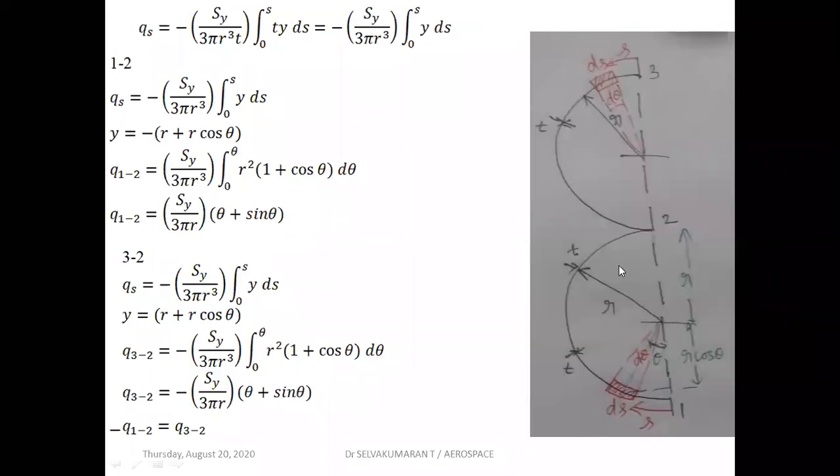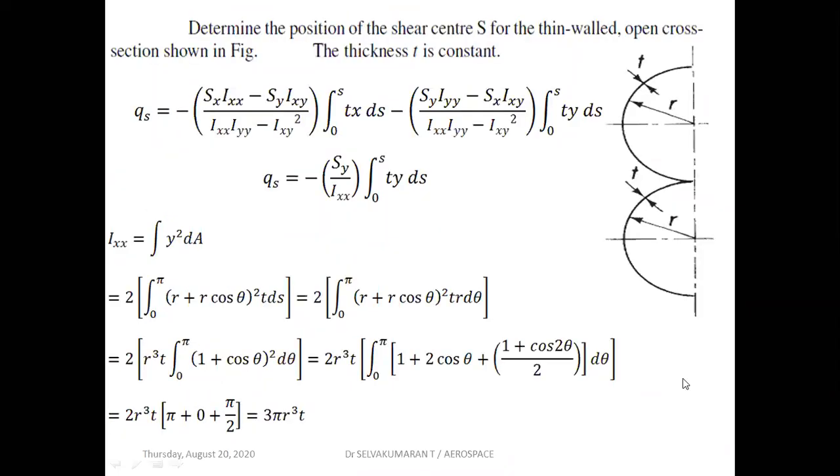As I told you, r plus r cos theta is the y distance. So y square, t into ds is the area, where ds is nothing but r d theta. I have taken r square outside, and we already have r, so r cube t, integral 0 to pi of 1 plus cos theta the whole square.